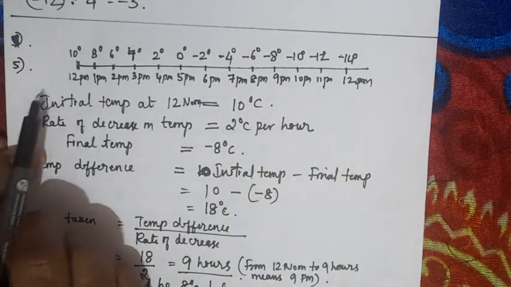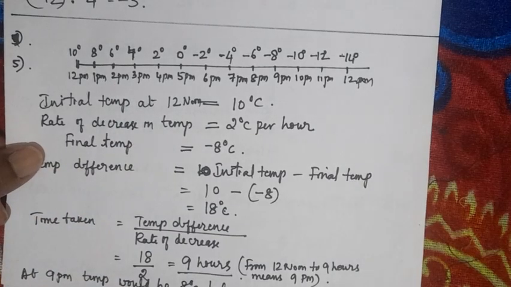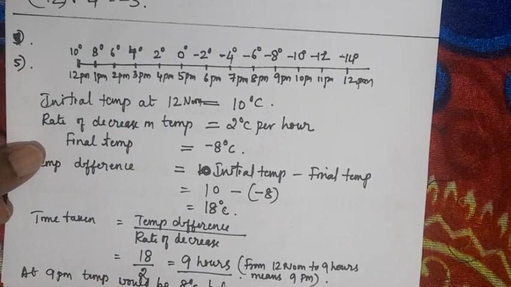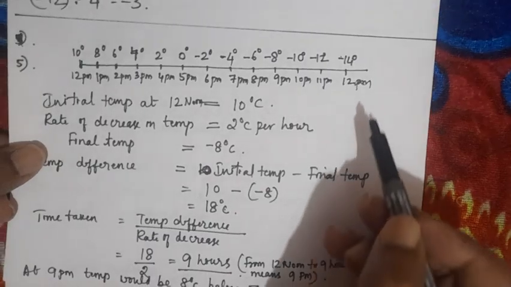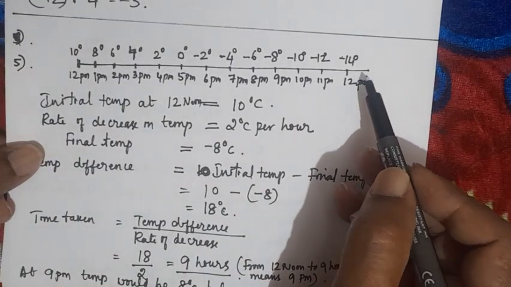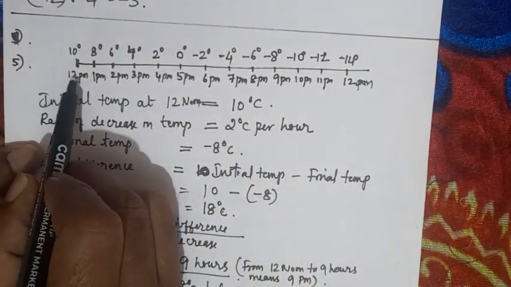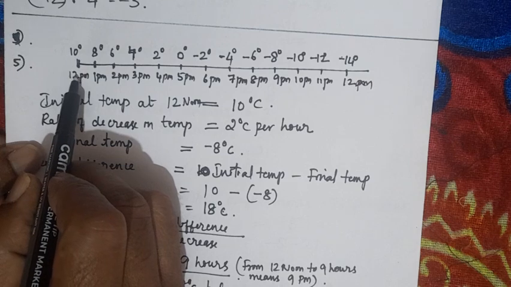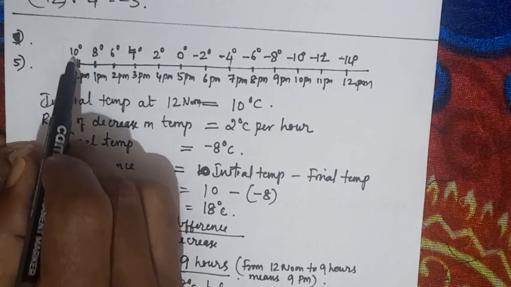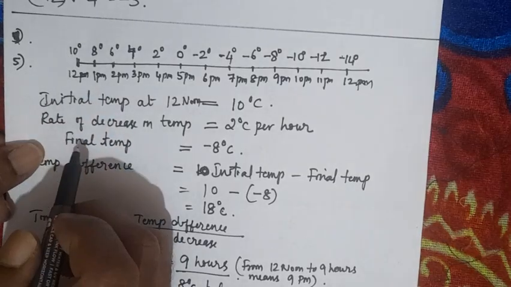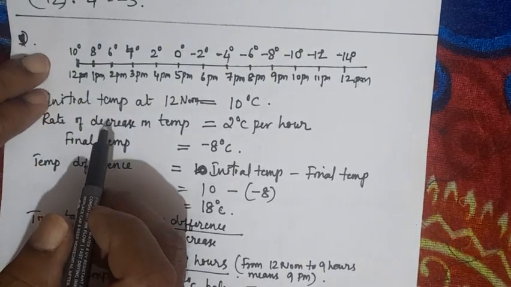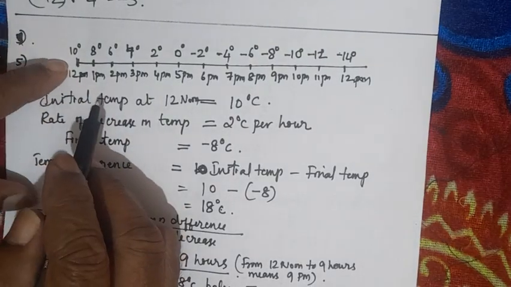Now, what is the data given? At 12 noon the temperature is 10 degrees. Now it goes on decreasing 2 degrees per hour.